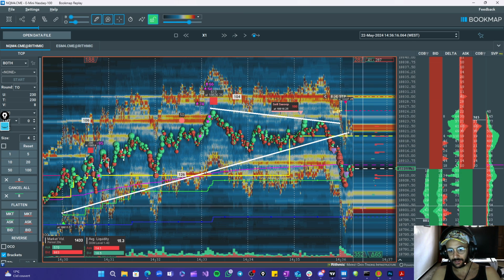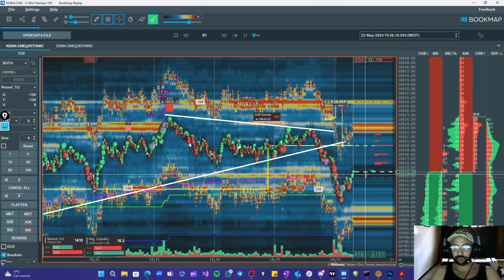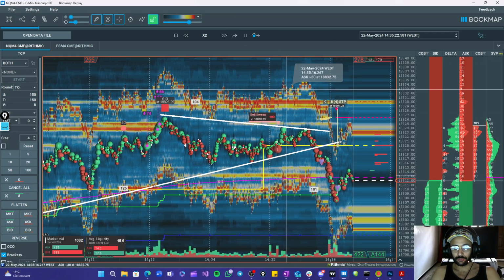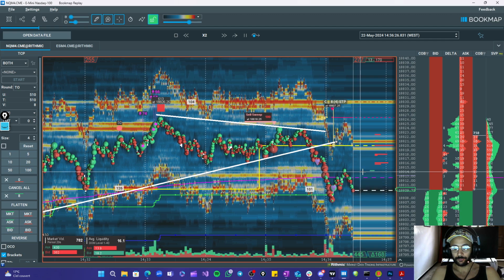And we can see that we have liquidity here, 63 contracts. So maybe the algos will go to fill this liquidity. We will speed up the market.